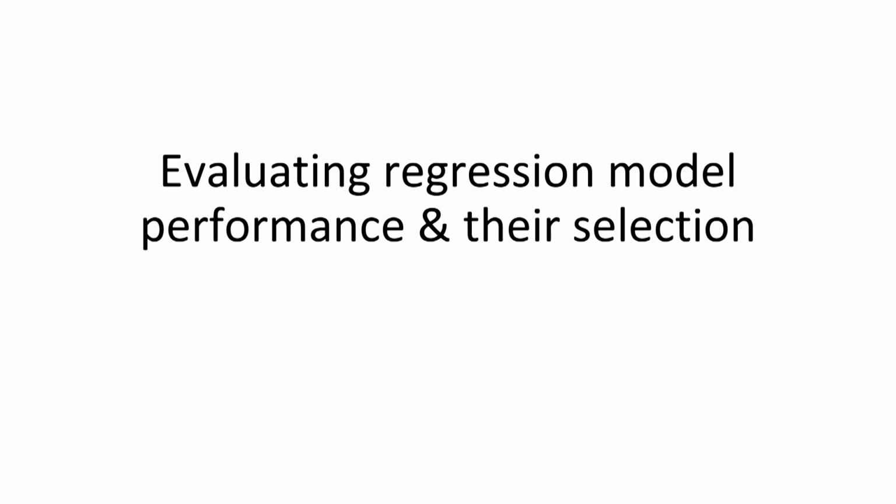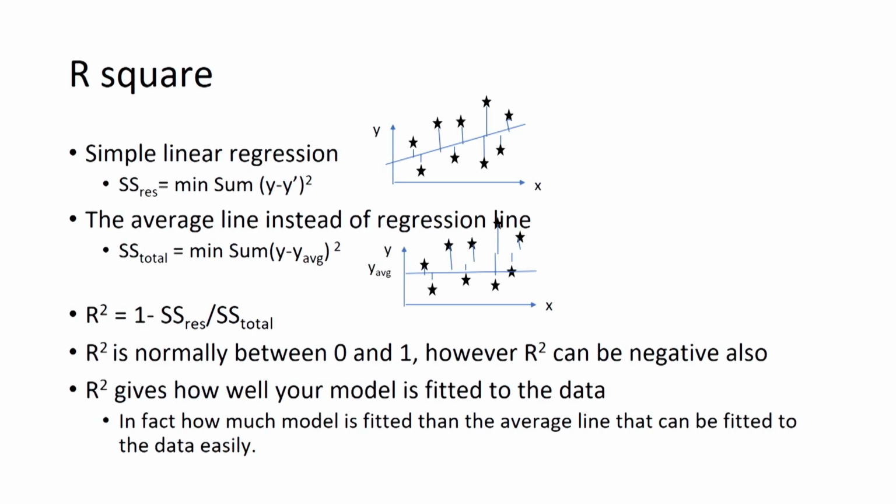This we can do using the R square metric, and we will see one more metric, that is adjusted R square. These are the two metrics that can be used for evaluating regression model performances, and based on those values we can select the best model.